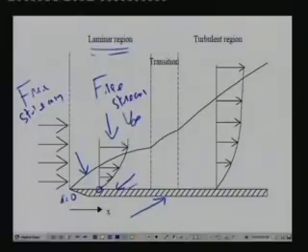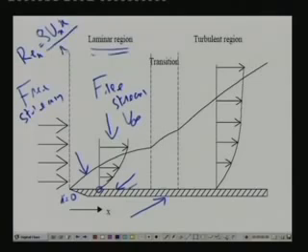So in this particular case, to start with, we have a laminar region, and for this case we define the Reynolds number in terms of the length scale. That means the local Reynolds number is defined as rho u infinity x divided by mu. Okay. So here the length scale is x, the distance from the leading edge. As the distance from the leading edge increases, the Reynolds number increases.